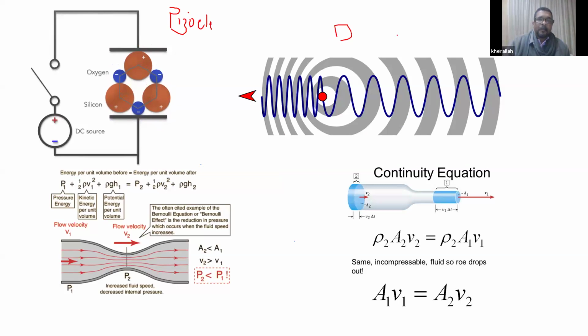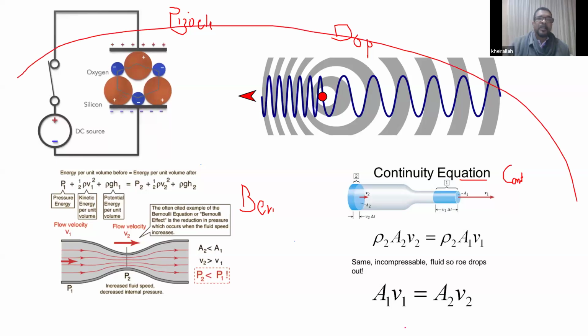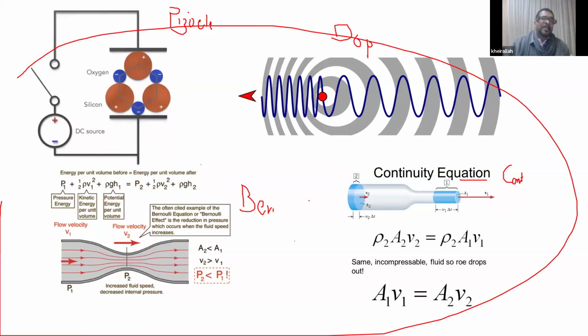Doppler effect, Bernoulli equation, and continuity equation. These are the 4 physical principles we use in echo, and we use them so frequently that you are going to get exhausted with this.